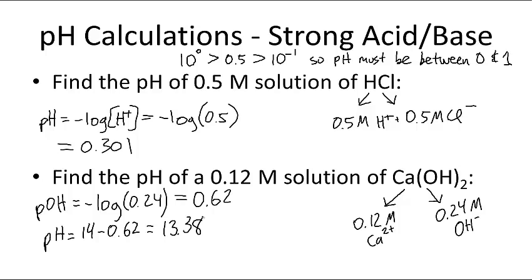How are things a little more complicated if I have a weak acid or a weak base? They don't dissociate completely. So there I have to figure out, at equilibrium, how much of it is dissociated. Oh, come on, don't moan. This is great. We get to use rice charts again.